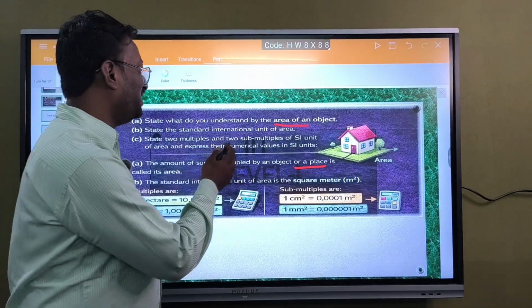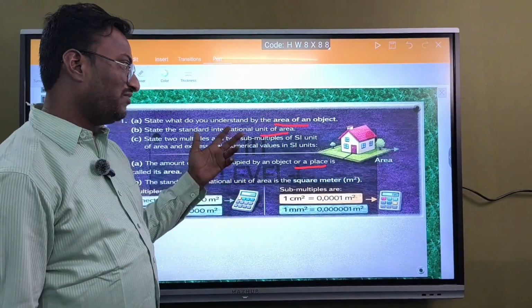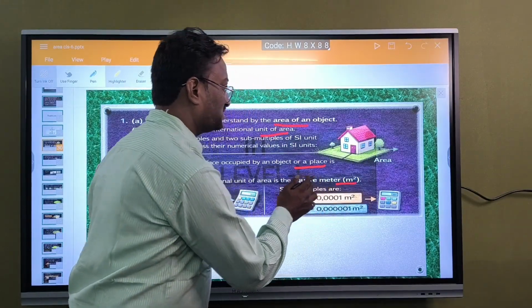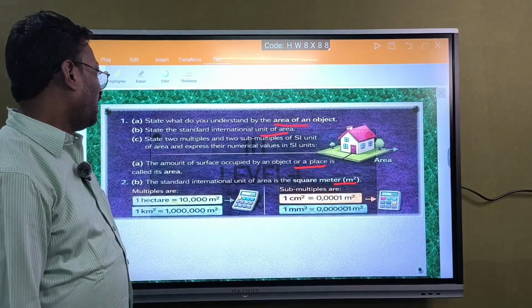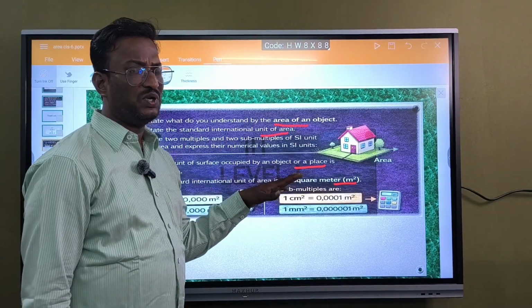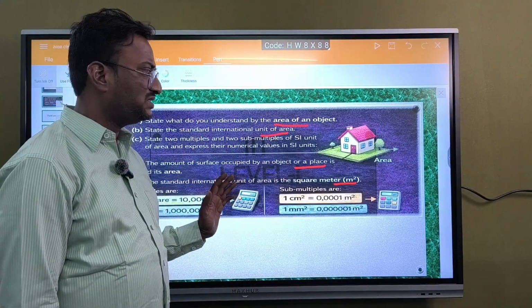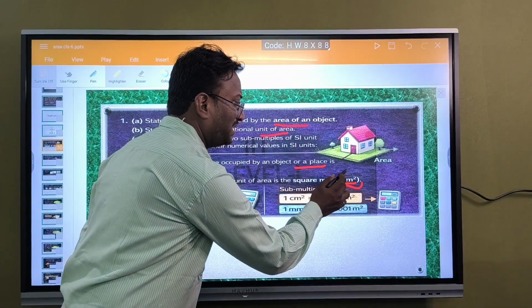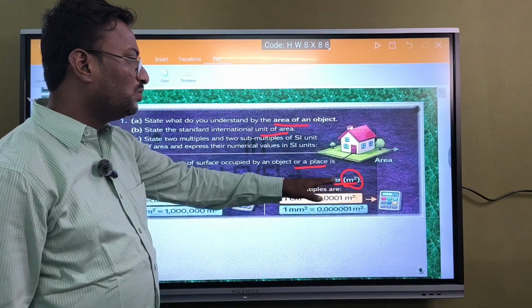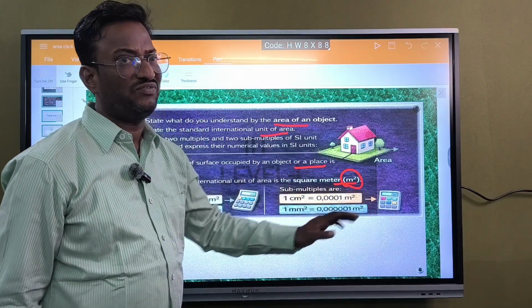State the standard international unit of area. We already told this in our class, that is square meters, or meter square. And give the submultiples and multiples of area. This is the SI unit of area, so we have to take the upper two values and lower two values of the meter square.